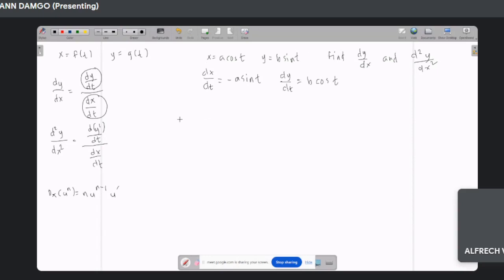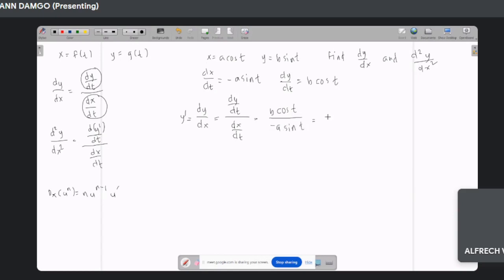Now we can solve for dy dx, which is our y prime. So our dy dx is dy dt over dx dt. Our dy dt is b cosine t over dx dt, which is negative a sine t.